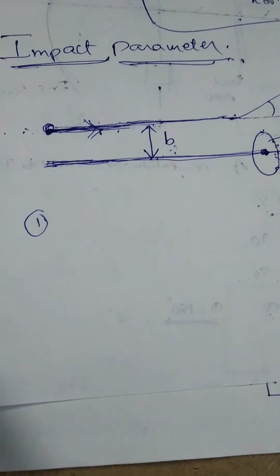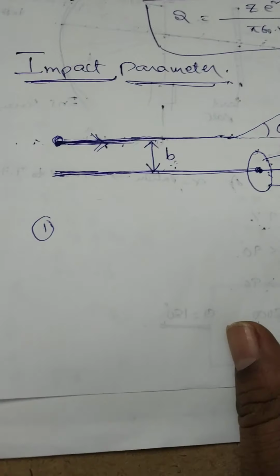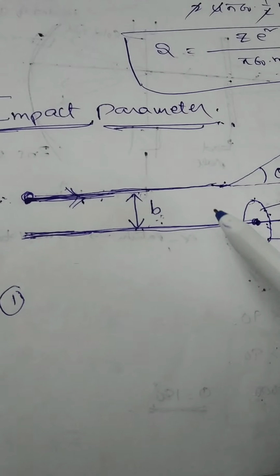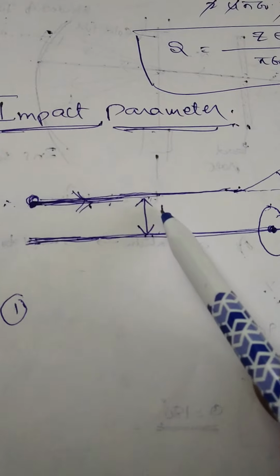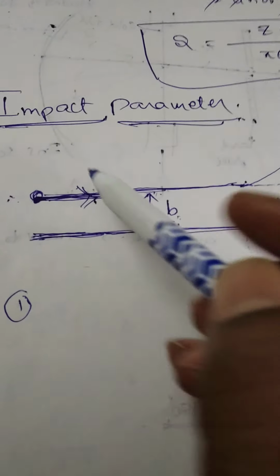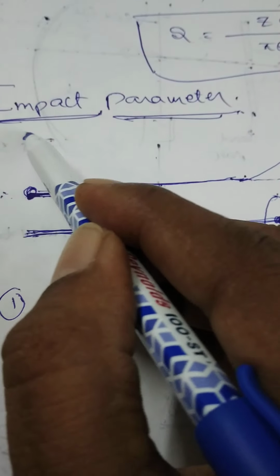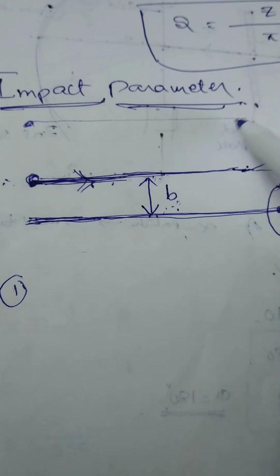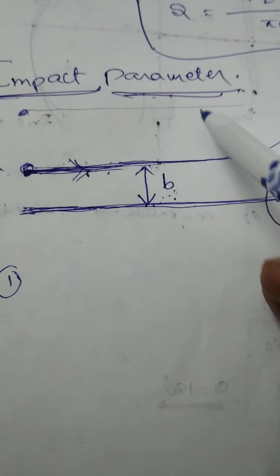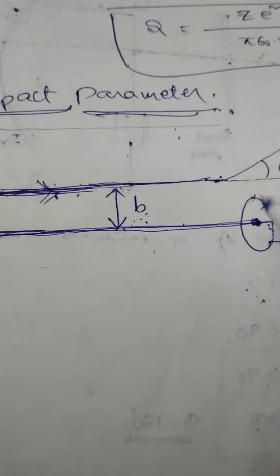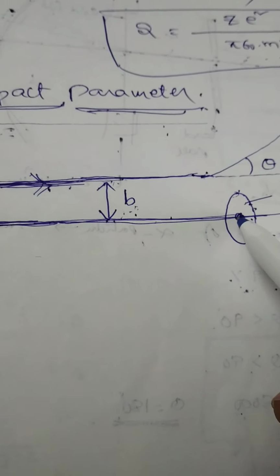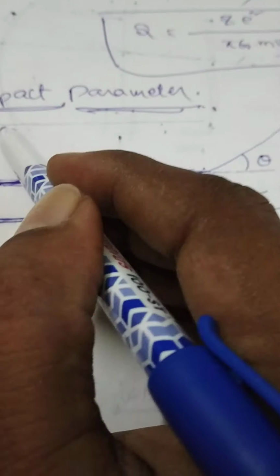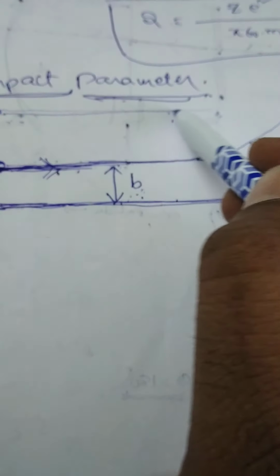From experimental observations, it is clear that as B is very high, the alpha particle may be moving along this direction, and the value of B increases. As B increases, the repulsive force acting on the alpha particle by the nucleus will be very small. That means this charged particle cannot deviate its direction; it passes approximately along a straight line.